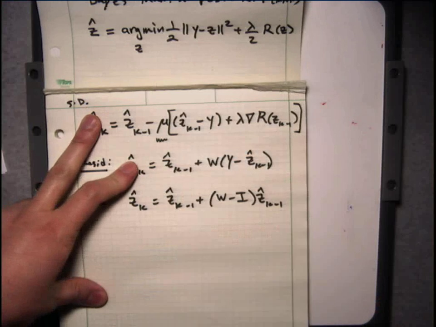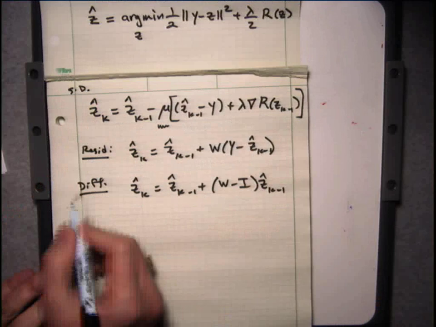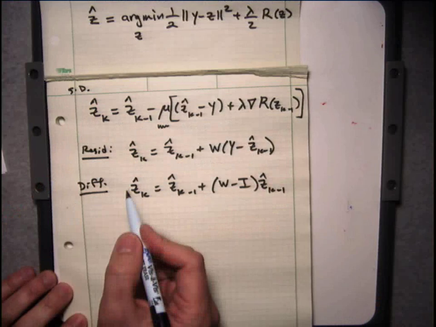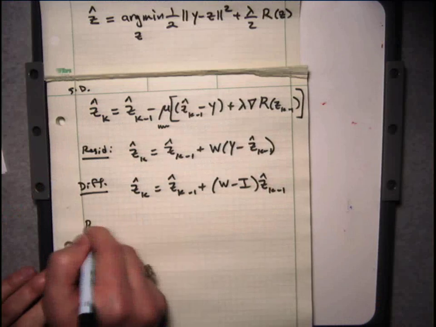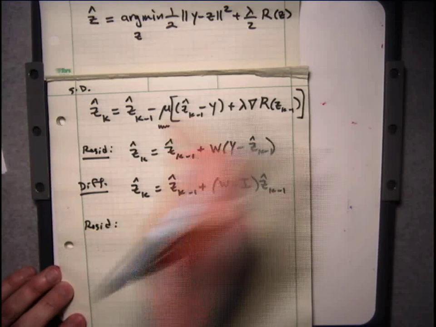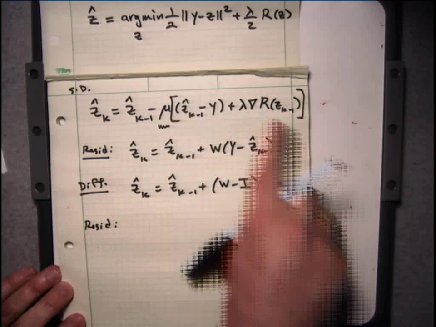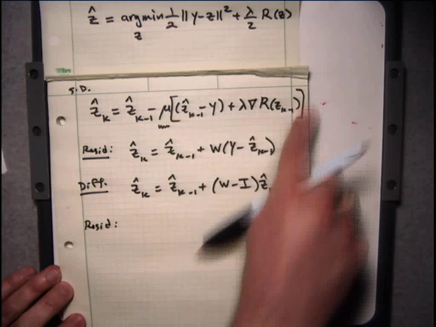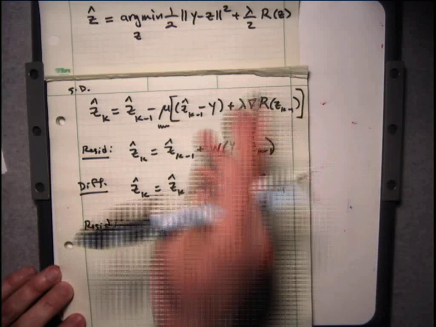Okay? All right, so if I compare for the residual case, I'm going to compare them, and then I'm going to solve for this regularization term and see what it gives me.